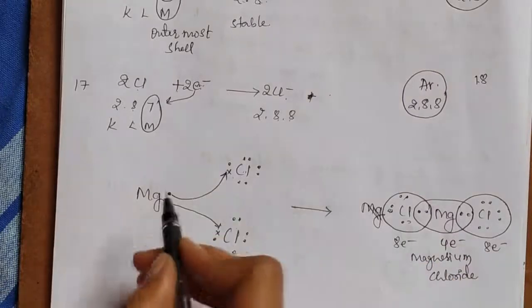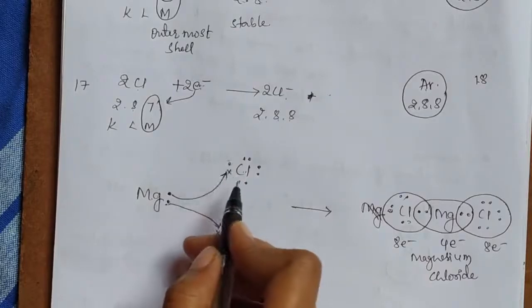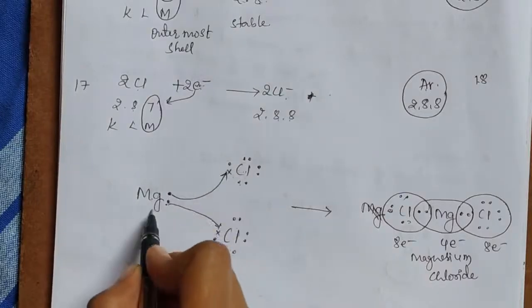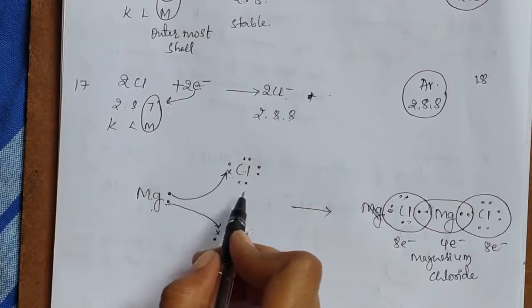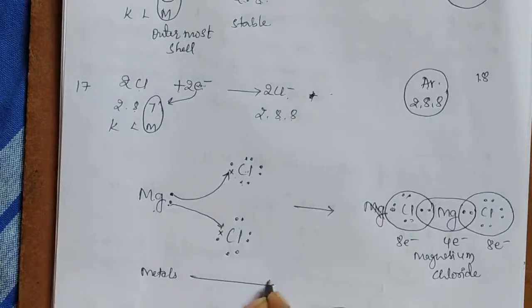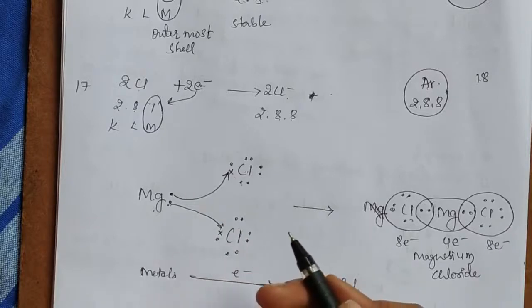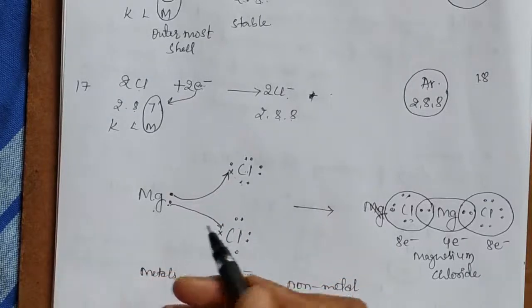Like this, here magnesium is transferring its electrons to the chlorine. Here magnesium is the metal and chlorine is the non-metal. Here metals are transferring the electrons to non-metals. Here the electrons are completely transferred from metals to non-metals.